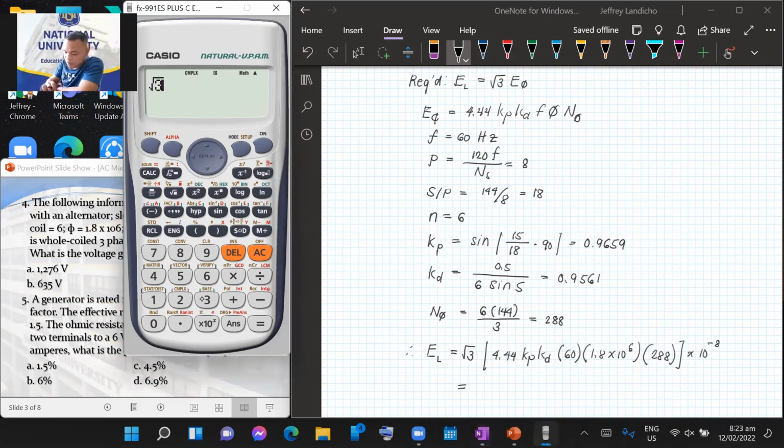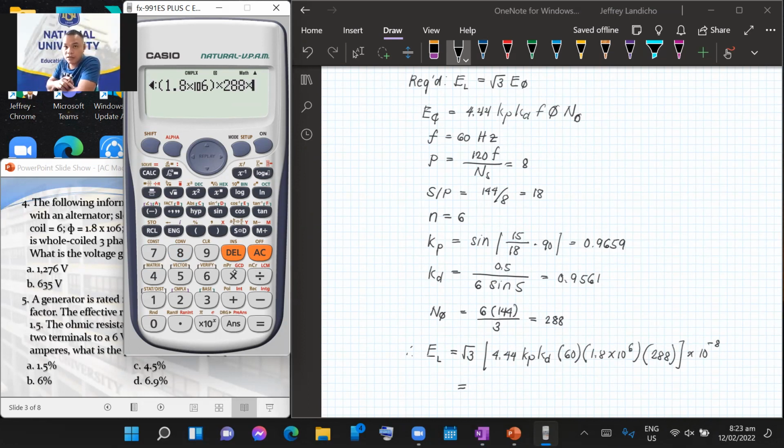The square root of 3 times 4.44, yung aking pitch factor ay na kay A, yung aking distribution factor ay na kay B, times 60 times 1.8 exponent of 6 times 288.